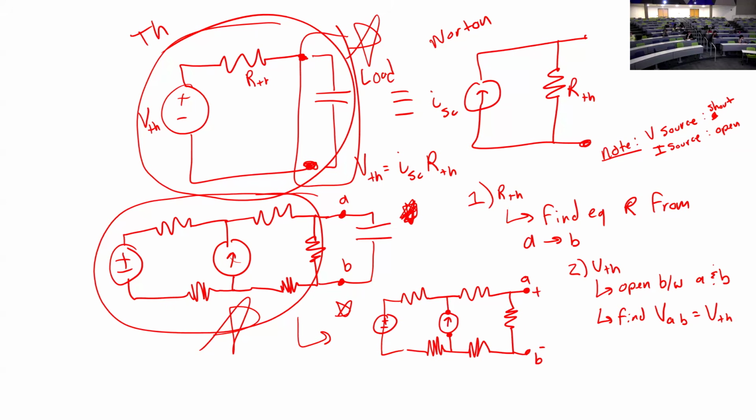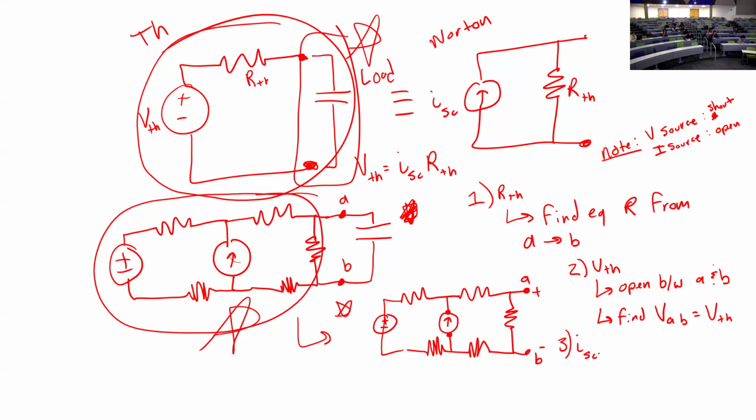Okay, so that is to find V. If we wanted to find I short circuit instead, ISC, there's a lot of parallels or complements in this class. For instance, capacitors and inductors, right? One is the time derivative of the voltage to get current.